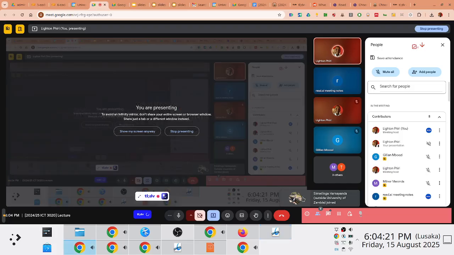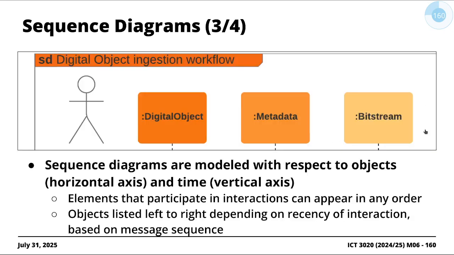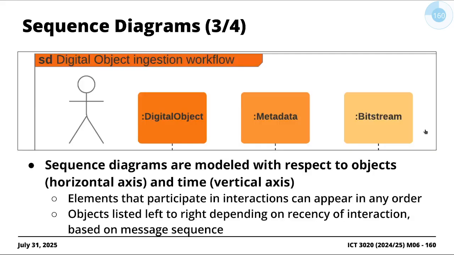We discovered that sequence diagrams extend use case diagrams by explicitly helping model the interactions that take place. So for instance, we have a user who is going to log in, or maybe we can use this example, a user who's going to ingest a digital object.